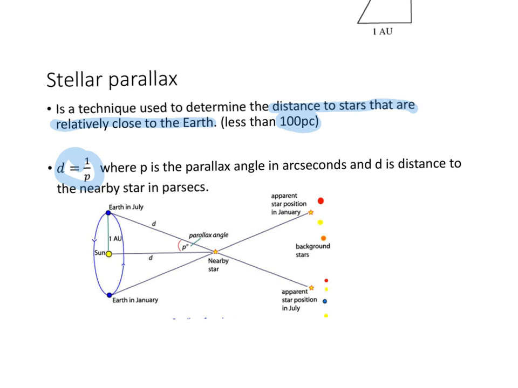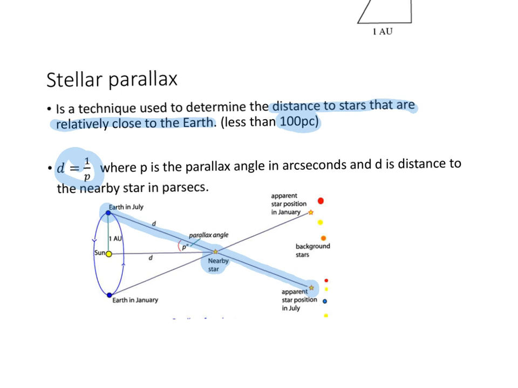If we look at the Earth's position in July in the diagram here, the nearby star appears to be in this position compared to the background stars. So you stretch out the line.